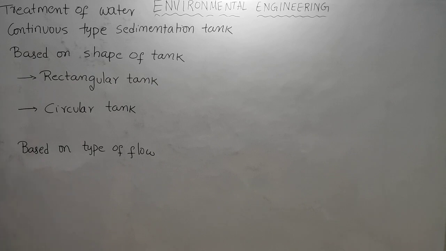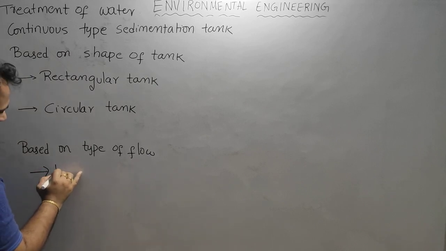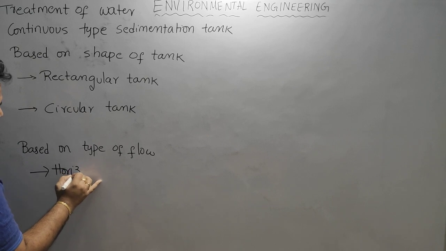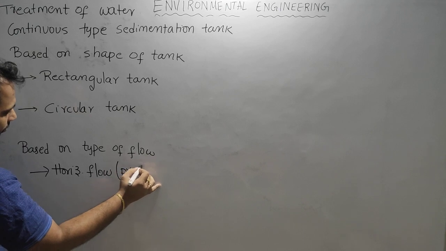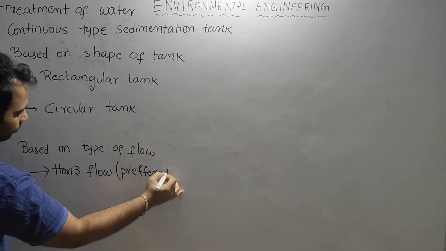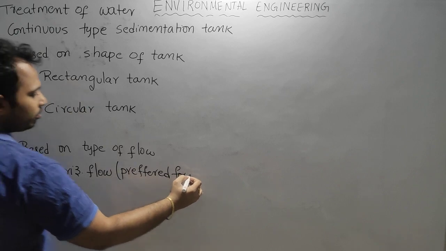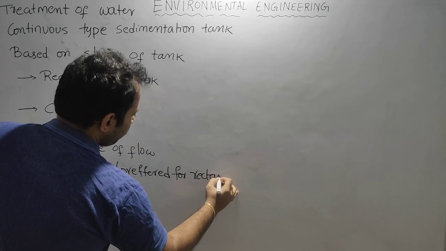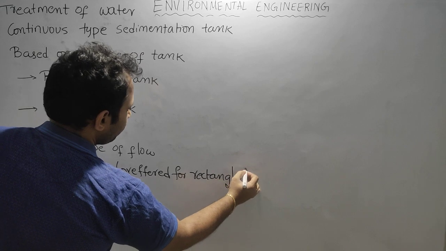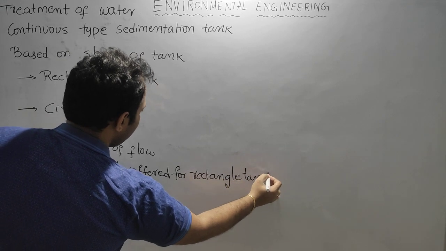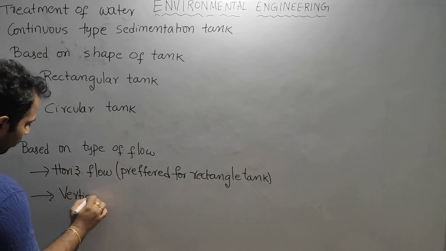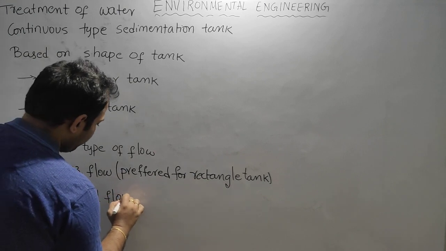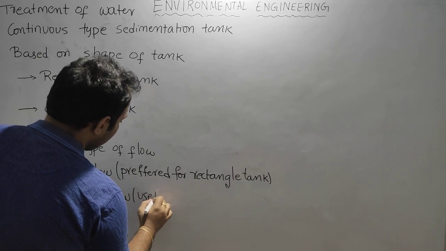And there are two types of flow: horizontal flow, preferred for rectangular tank, and vertical flow, used in circular tank.